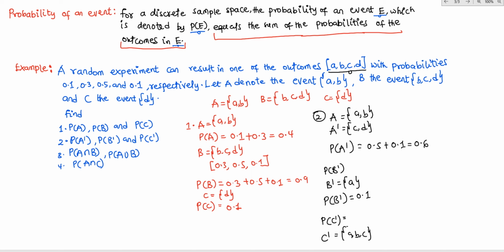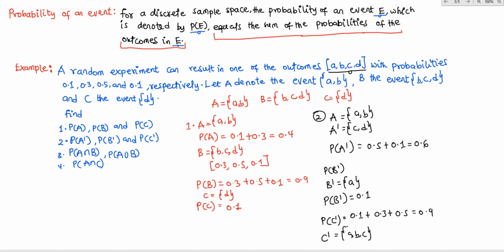That will be the probability of outcome A, which is 0.1, plus that of outcome B, which is 0.3, plus that of outcome C, which is 0.15. So this will also give us a value of 0.9. So that's for the second part.